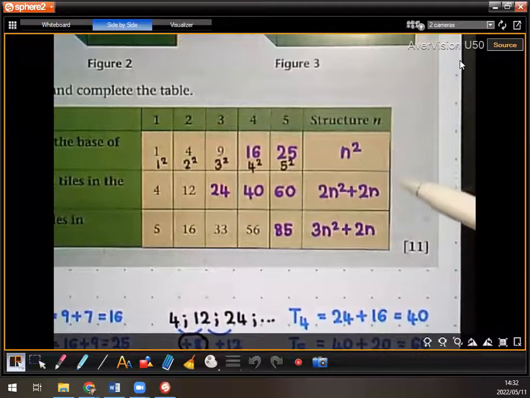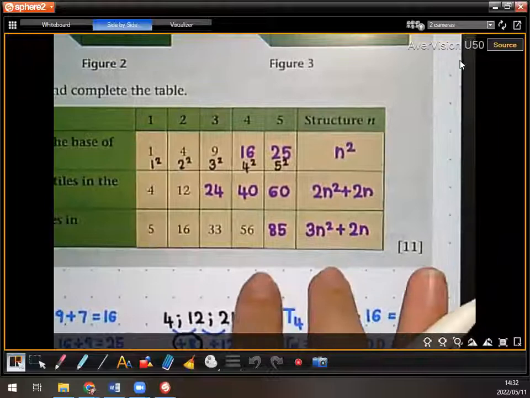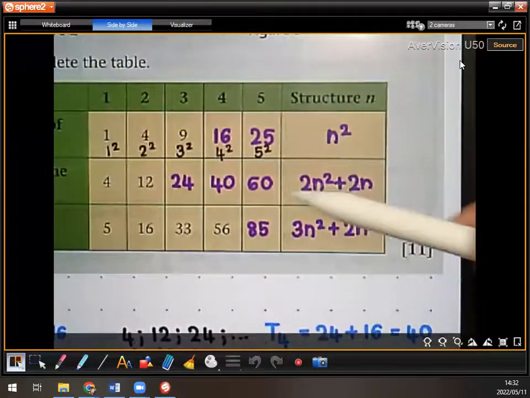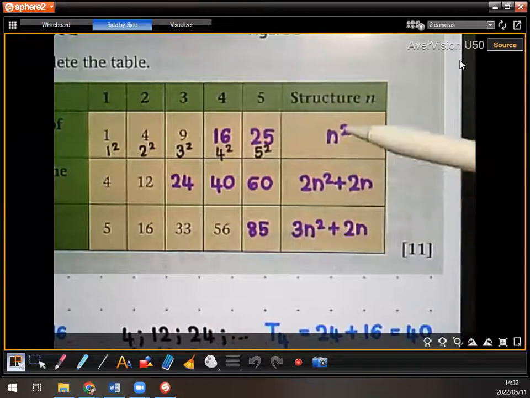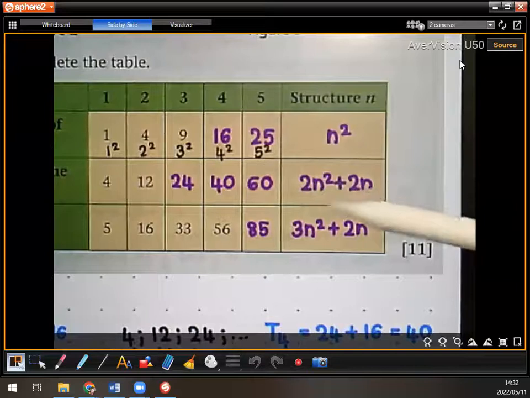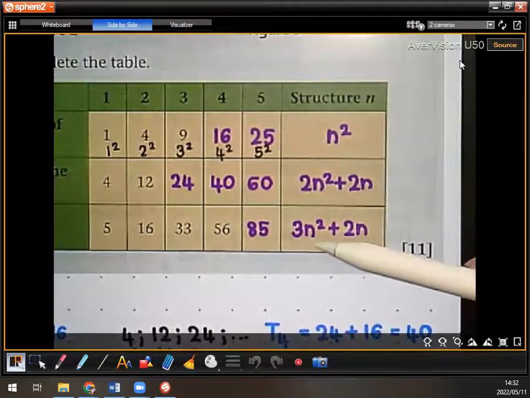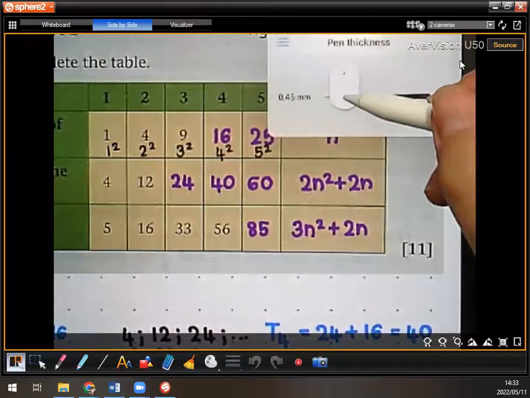And guys, then you can do the same thing with the two formulas. If you realize that every time you get the total number of tiles, you add those two together, you can do the same with the formulas. n squared plus 2n squared plus 2n is 3n squared plus 2n. So this calculation, I'll just write it in there.